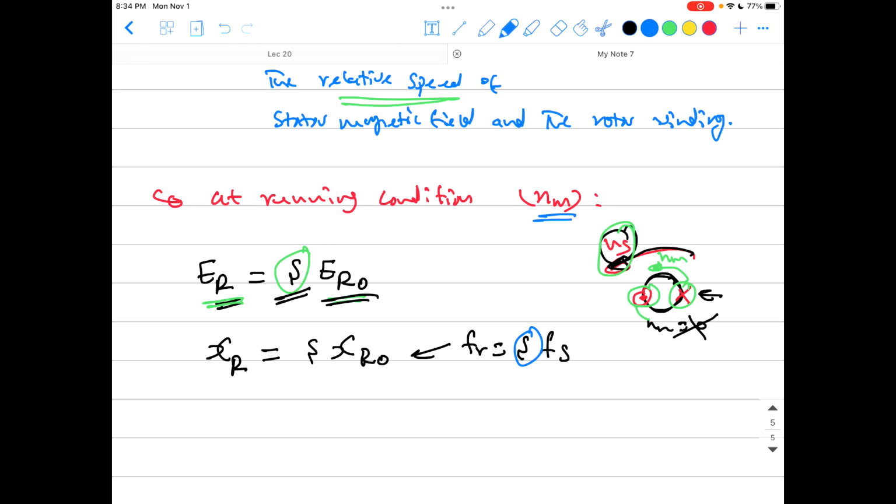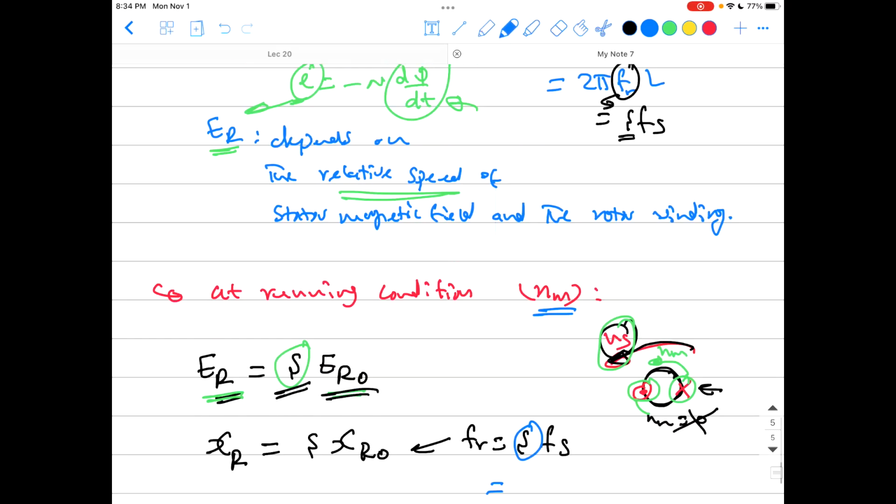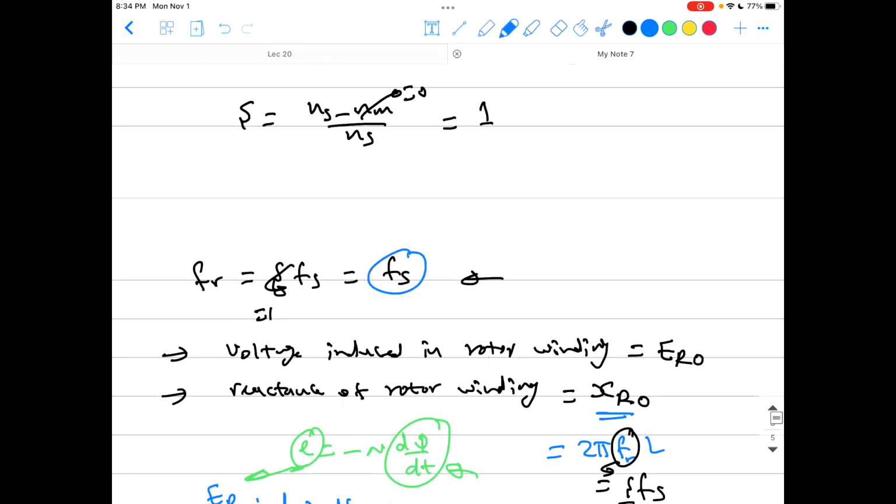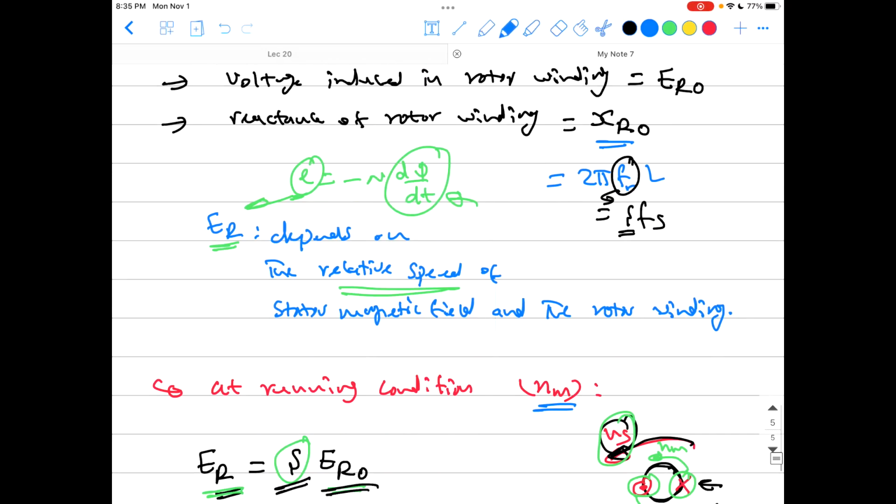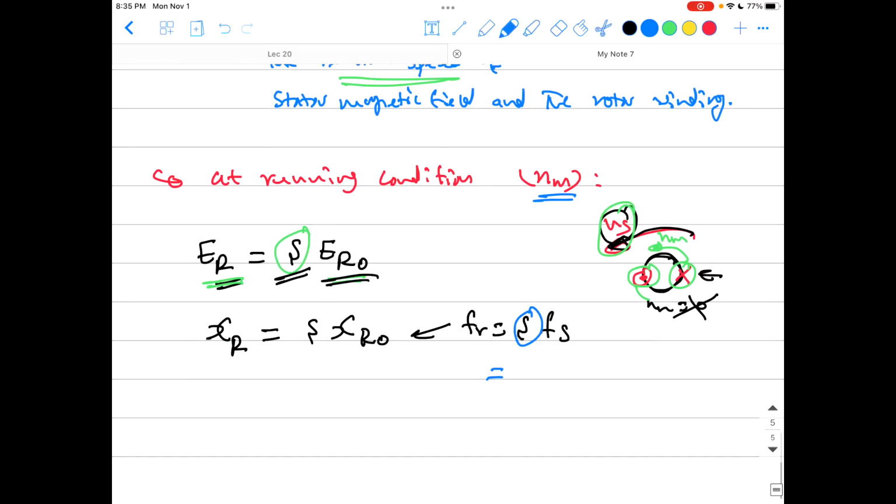So that's what I'm saying. Fr will equal Sfs, and Fs is your F rotor at standstill, at 0. So that equals S times F rotor at standstill, F rotor 0.